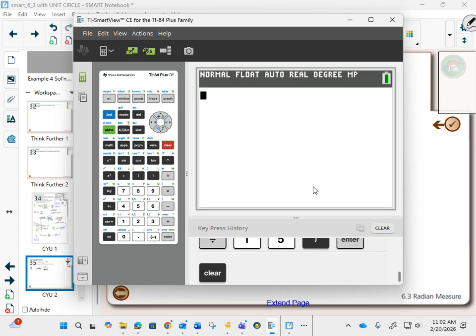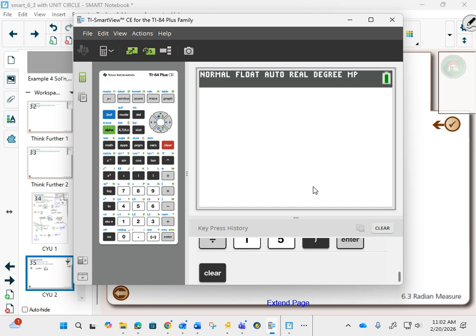Shouldn't take you long to type this into your calculator, but get a number. Now, you should have your first number already.